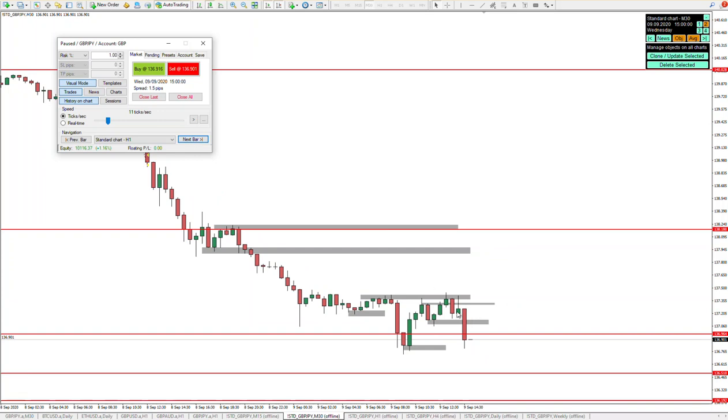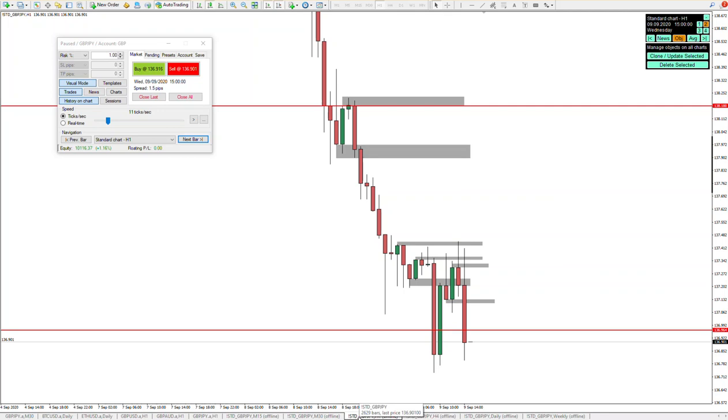Beautiful. The hourly rejected this resistance. Price came below this candle. It still did not pass this support. This is the open of New York. It was pre-New York volume coming in. Nice, nice, nice. Beautiful.